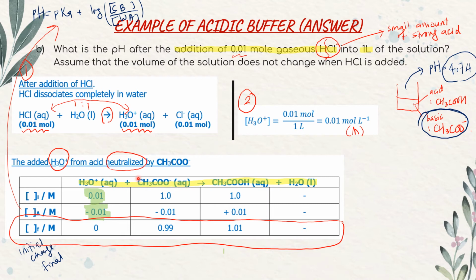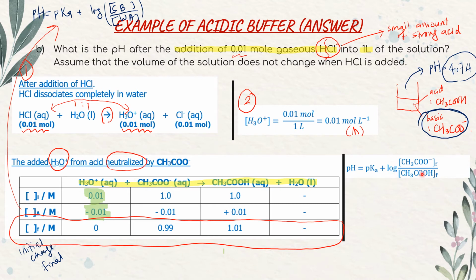Either the pH is still the same or close to the initial pH. It differs, but not by very much, usually plus or minus 0.02.